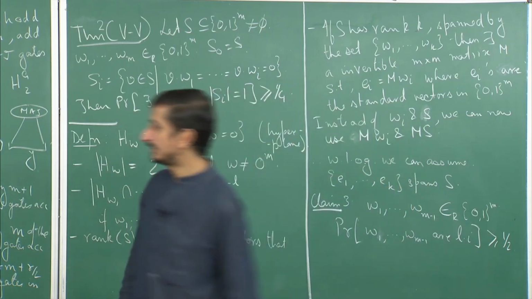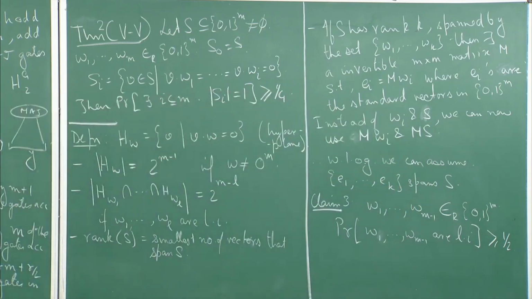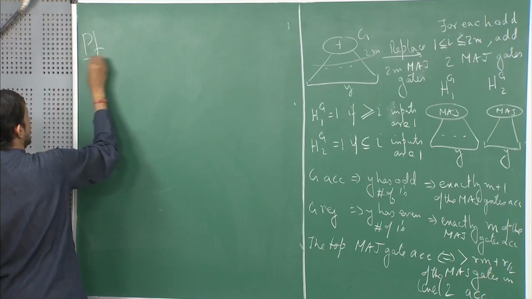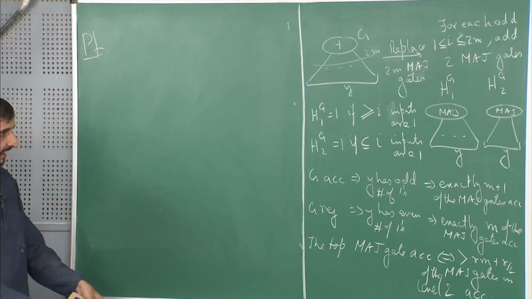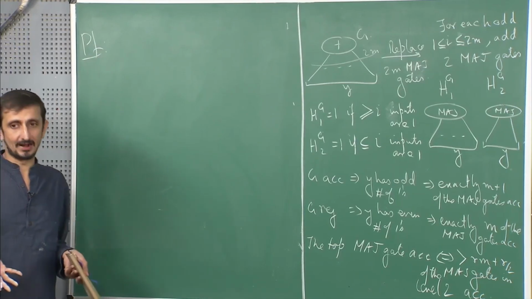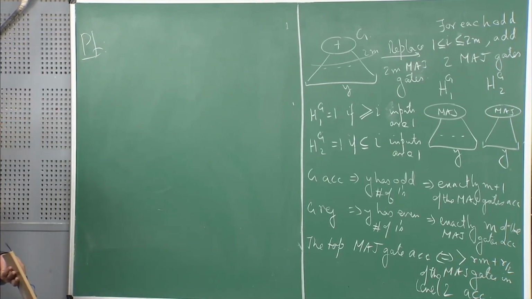So, this is again just straightforward counting. We will just count how many choices we have for each of these vectors. So, first of all, how many choices do I have for W1? What vector can W1 be?